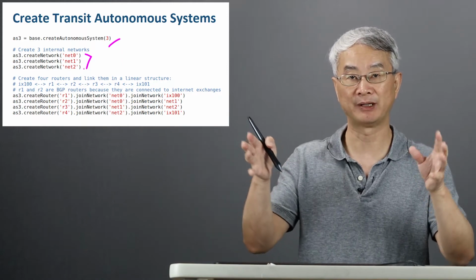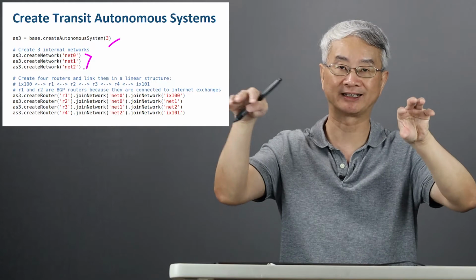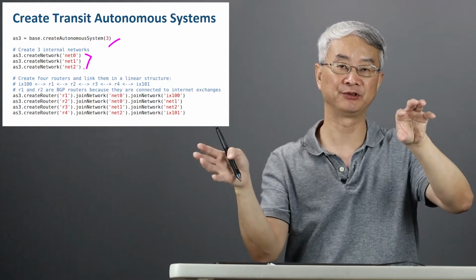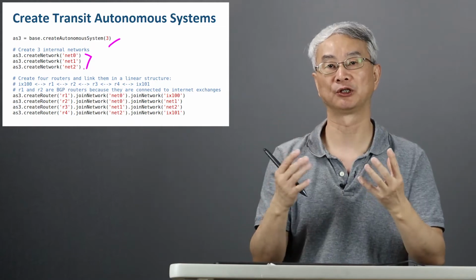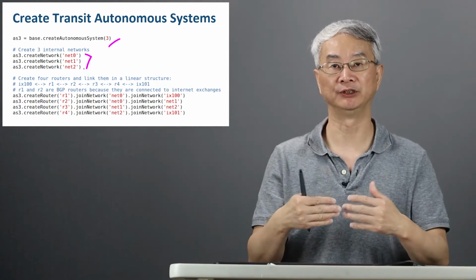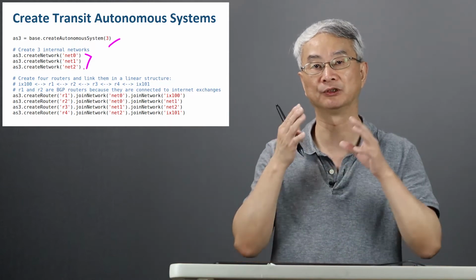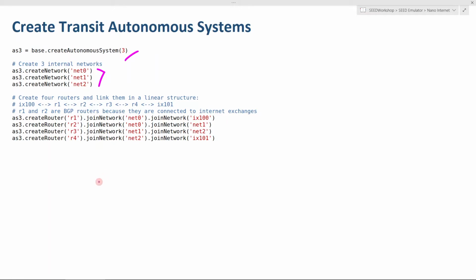Remember, in an autonomous system, especially a larger one, in order to connect computers from one city to another, they have to have an internal network to provide those connections. In this emulation, we just provide a very, very simple topology, a linear structure. Here you can see we provide net0, net1, and net2.